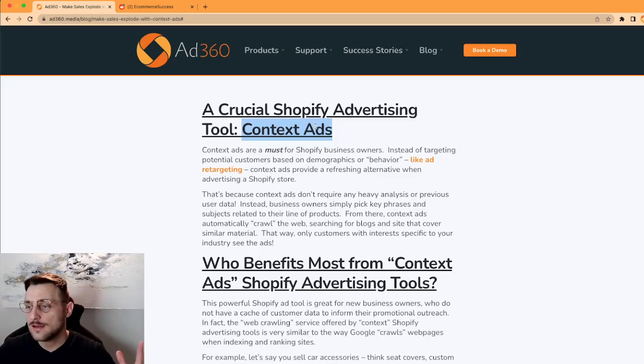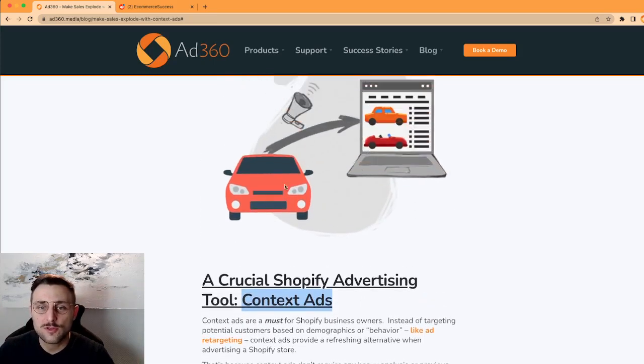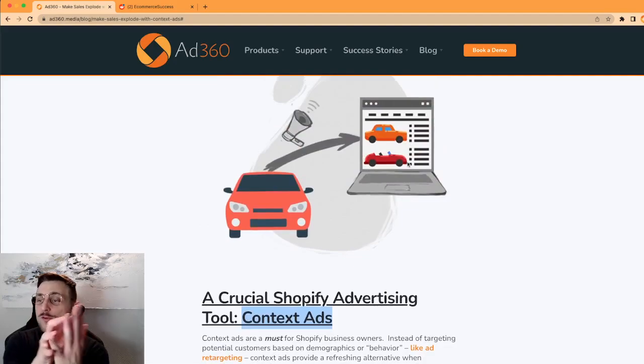And the idea behind that is if you're selling, for example, car equipment, like something to plug your phone or put your phone in front of you in the car, you want to advertise that product on car-related websites. You're going to get a lot more interest, a lot more clicks, and potentially a lot more sales if you advertise for that car gadget on car-related websites.